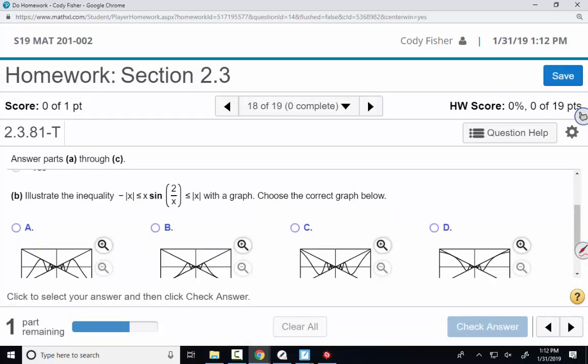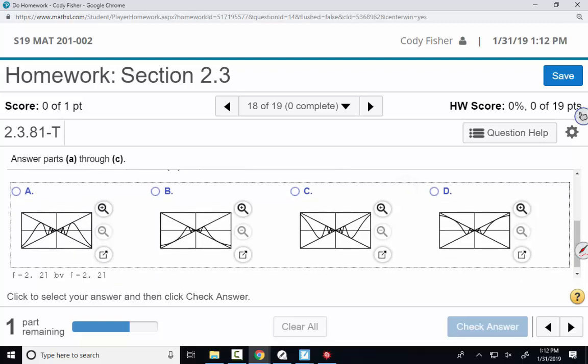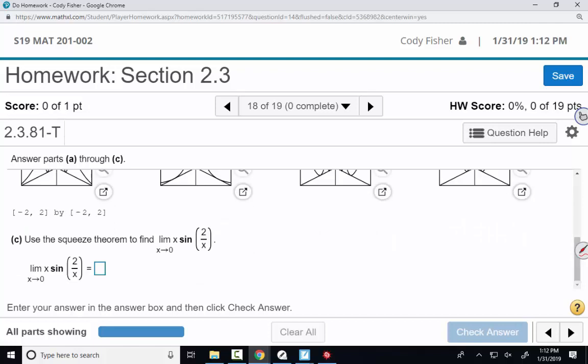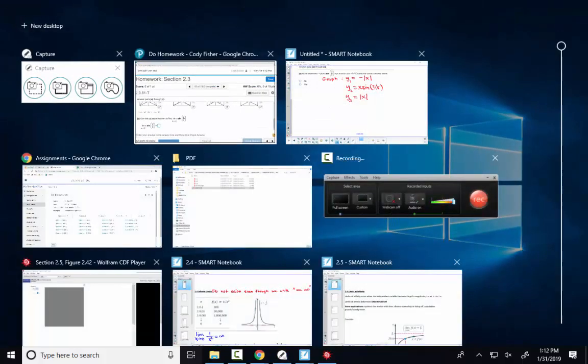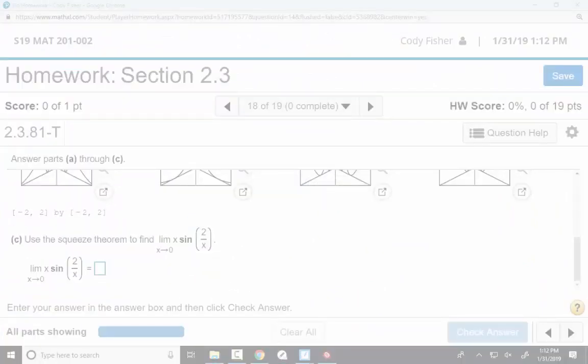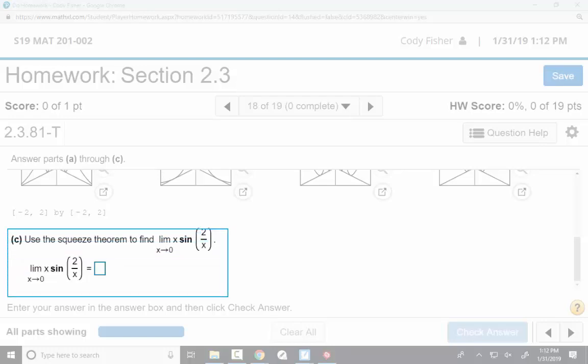That's building off of our graph in part B. And then part C says use the squeeze theorem to evaluate that limit.